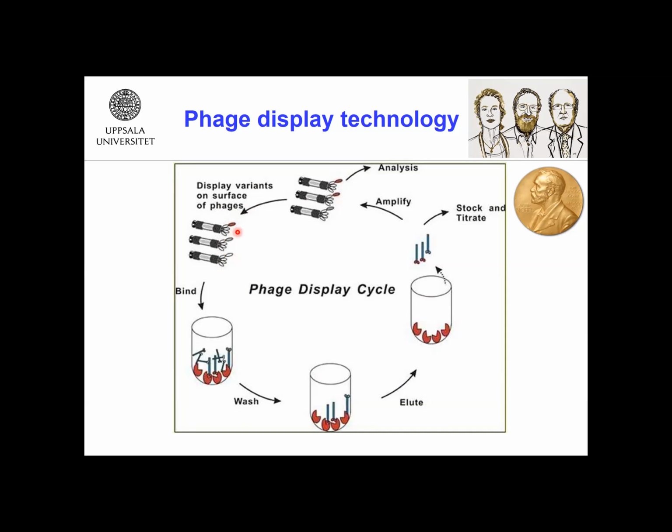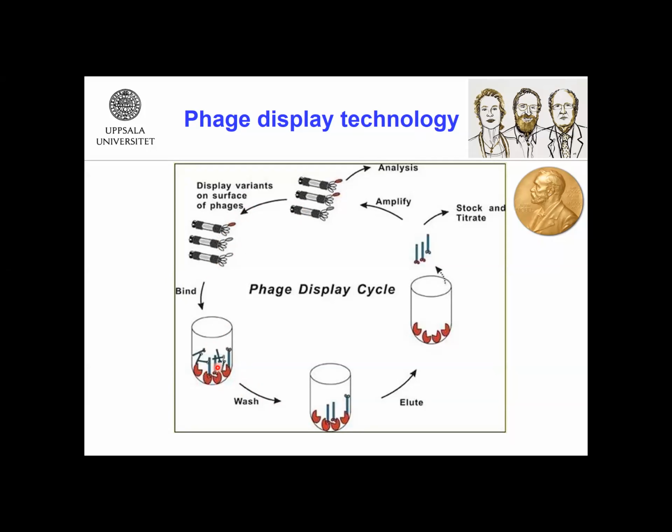So a library of phages expressing different peptides has been generated and exposed to antigen which was immobilized, for example, on magnetic beads. So if the library is big enough, stochastically, there might be a variant which binds to molecular target.